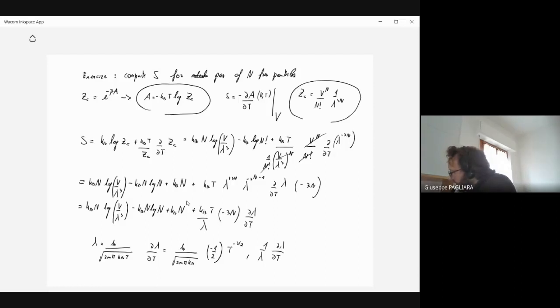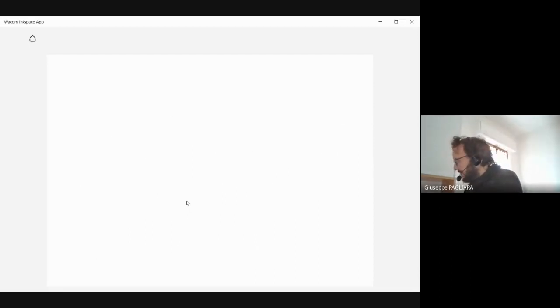I should get some cancellation, but let me change page, otherwise I make a mess. So those calculations are straightforward but nasty in the sense that sometimes one has to be careful in order not to lose any factor. So I think that we arrived more or less here.